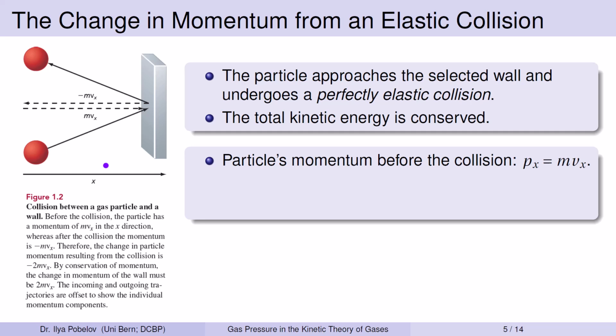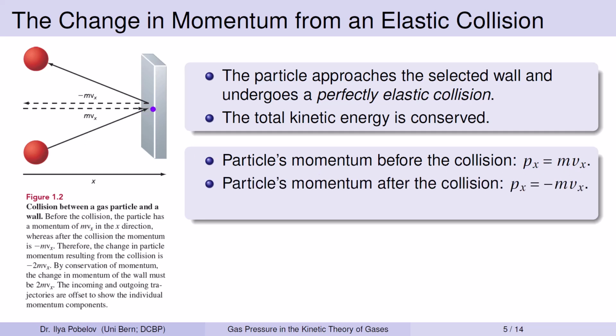Before the collision, the x component of the particle's momentum is mvx. After the collision, the particle moves away from the selected wall with velocity minus vx. So the x component of its momentum becomes minus mvx.